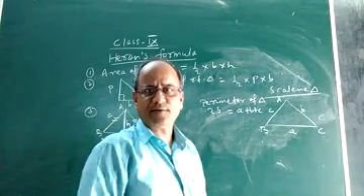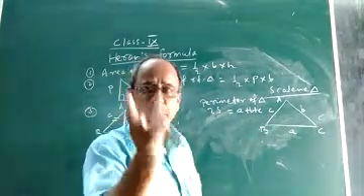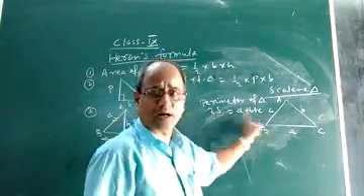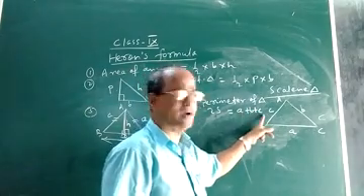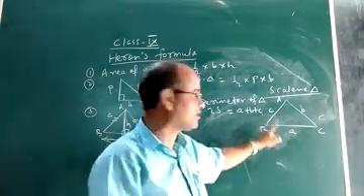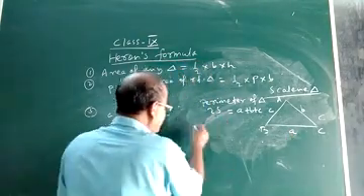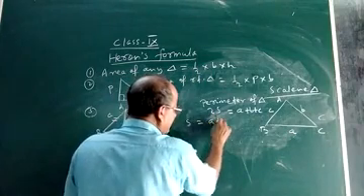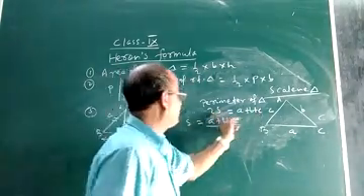So the first step is to find the perimeter. After finding the perimeter of scalene triangle ABC using the formula 2s equals a plus b plus c, where small a, small b and small c are the lengths of the three sides of this triangle, what is the next step? The next step is to find s. If 2s equals a plus b plus c, then s equals a plus b plus c by 2.